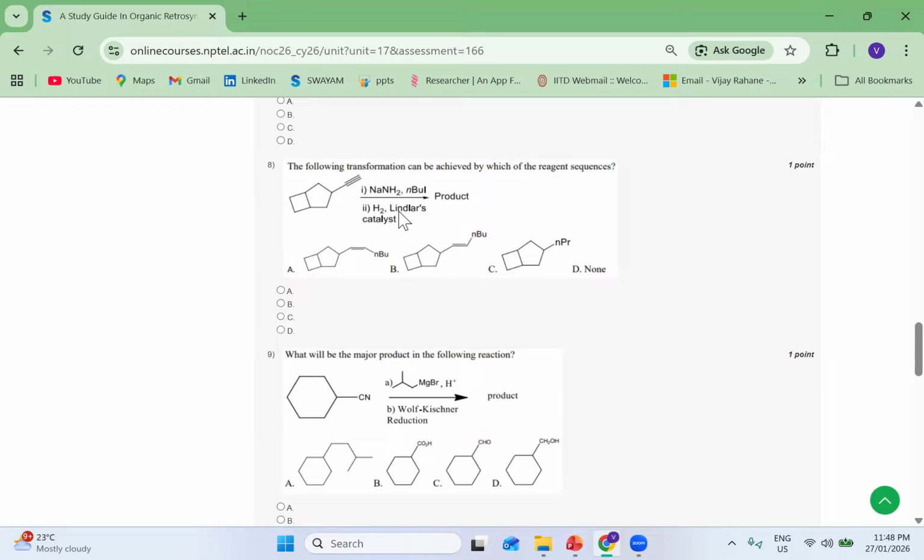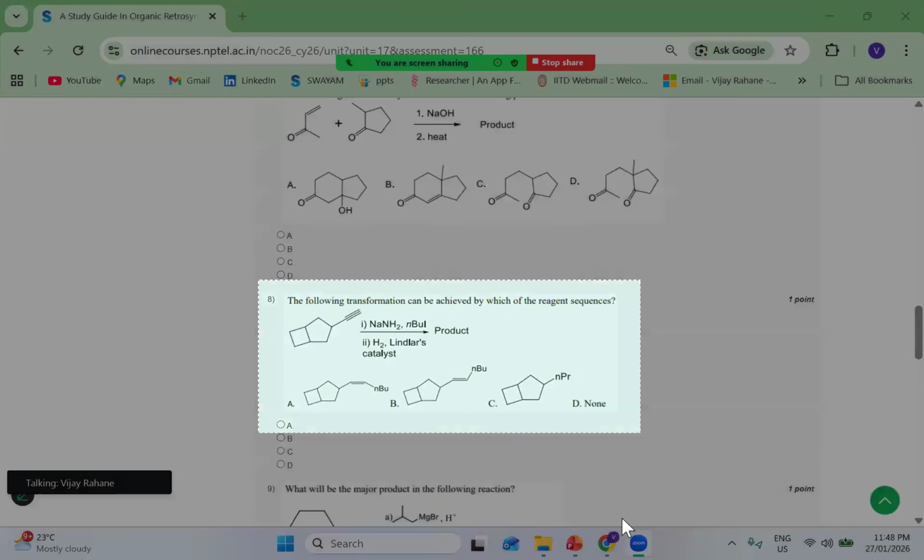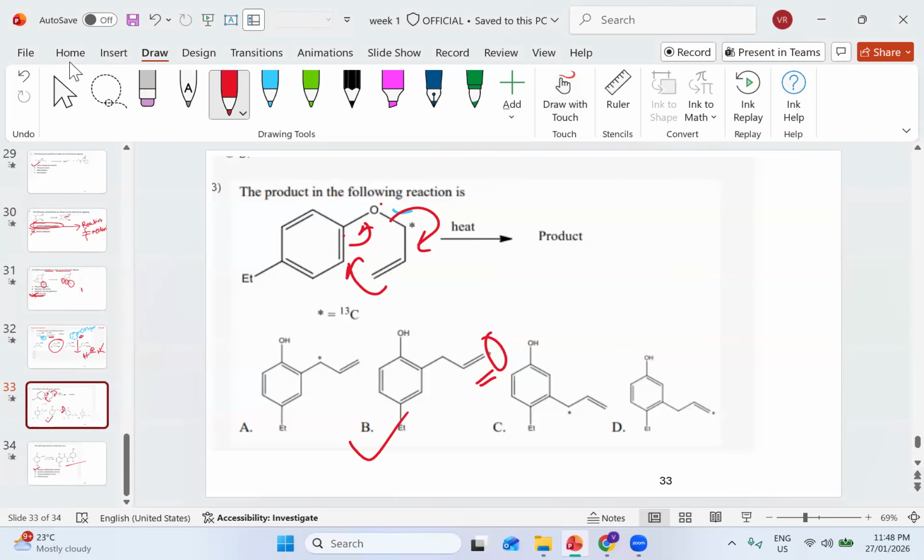And if you do H2 and Lindlar's catalyst, we get the cis as a product. Okay. So in this question, why is option A the correct option? I'll take it on the PPT later.